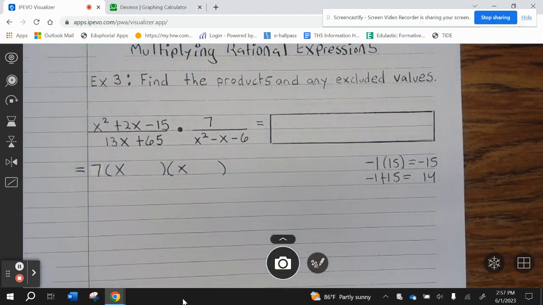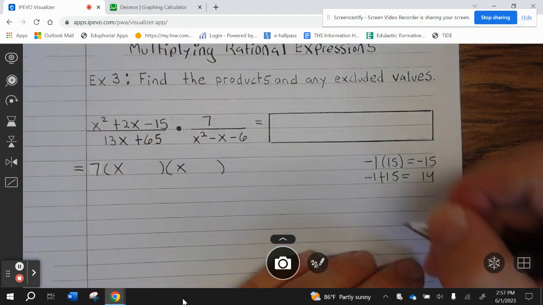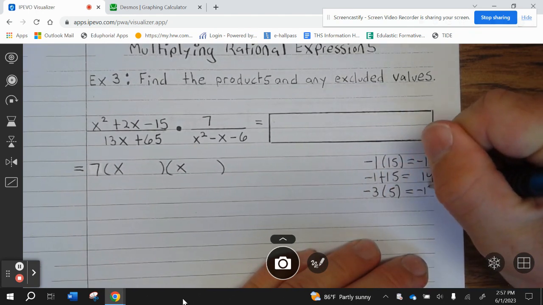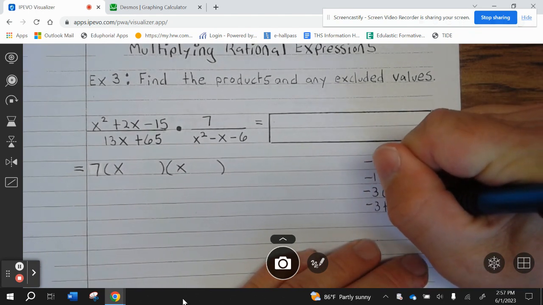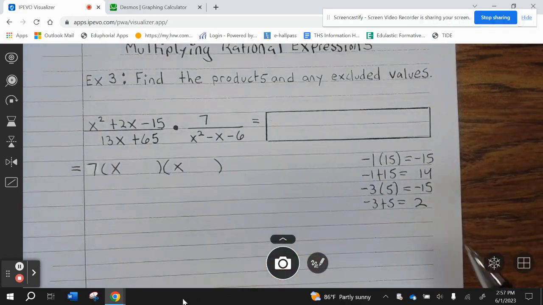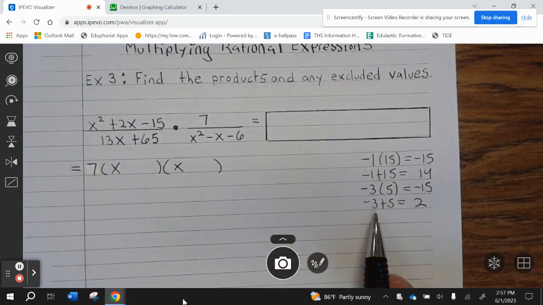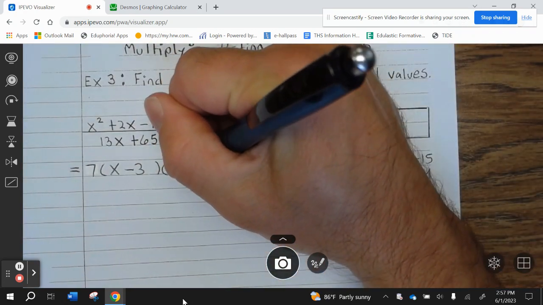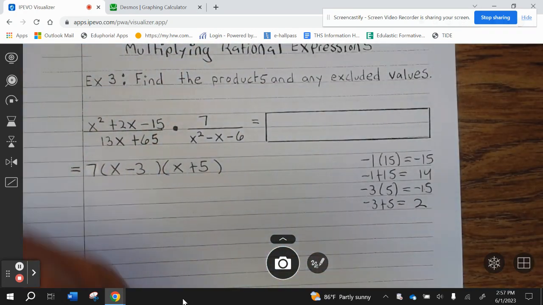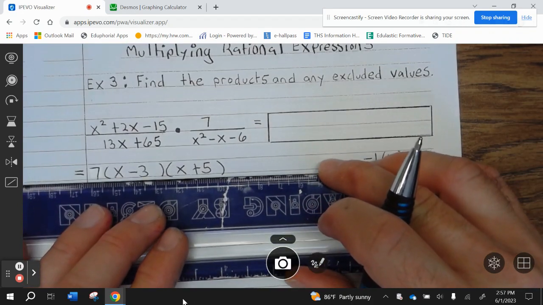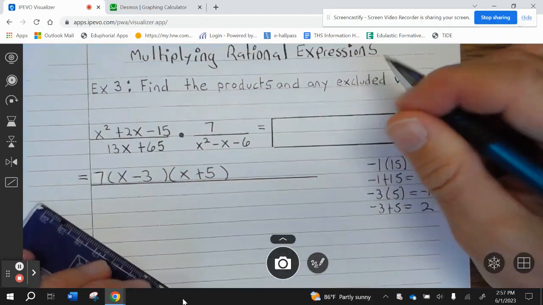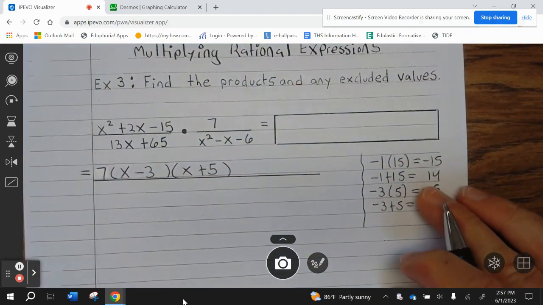That doesn't work. Negative 2 doesn't work. Negative 3 times 5 is negative 15. Negative 3 plus 5 is 2. So we have our negative 15 and our 2. So our factors are x minus 3, x plus 5, okay, divided by, okay.